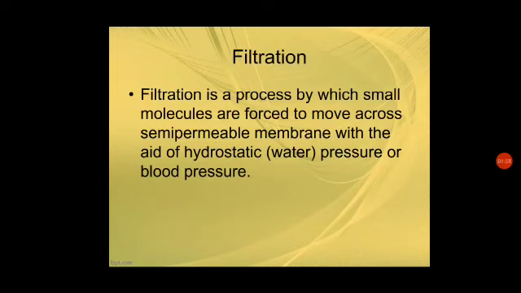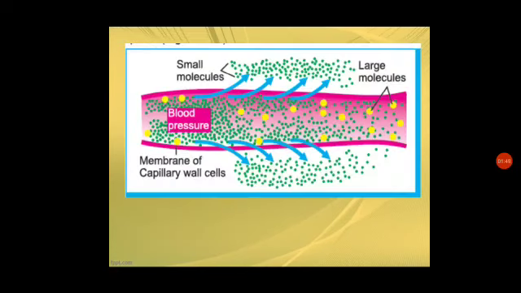As in the capillaries, veins or arteries, there is a pressure of the blood, so small molecules are forced to move across the membrane. You can see in this diagram, blood is flowing through the capillary, and from the capillary wall the small molecules are coming out due to the blood pressure, and large molecules are not coming out.